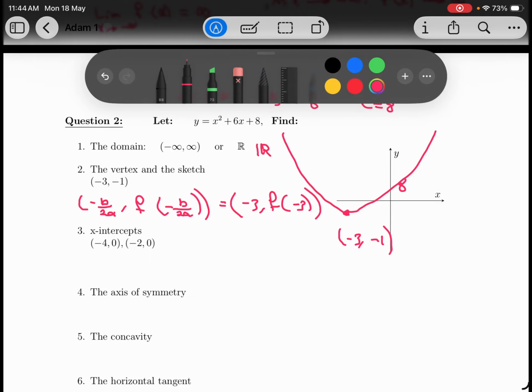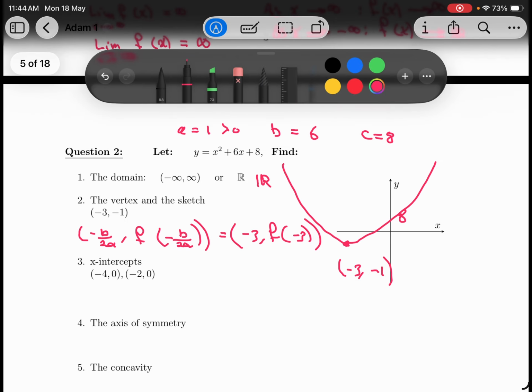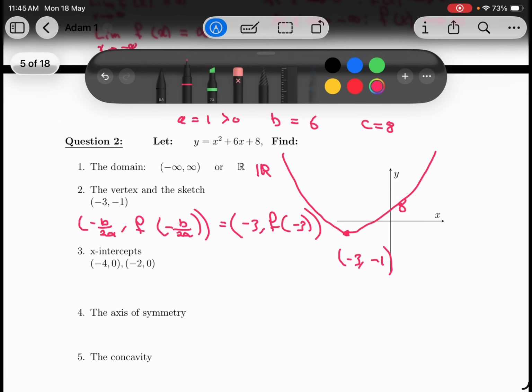So here, guys, I reach this point where I have to find the x-intercept, okay, and based on this graph. Again, this is not a graph, this is a sketch, which is not that accurate, but it's very nice to guide us. And the function itself is x squared plus 6x plus 8.